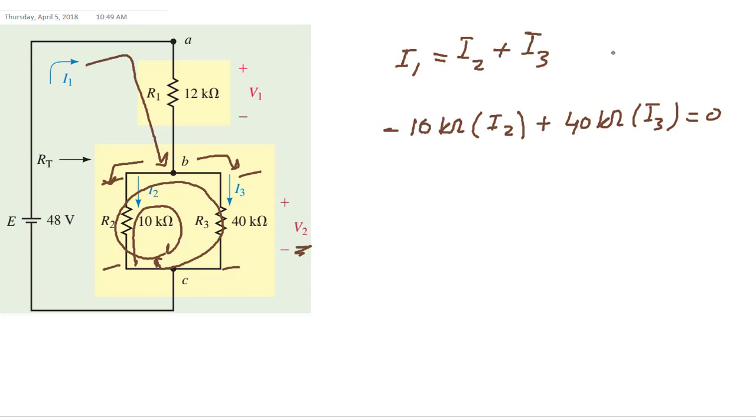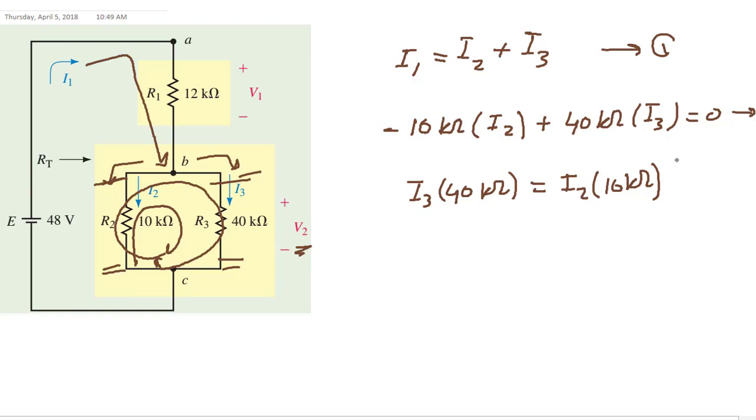So this is one way of writing this second equation. Or we say this voltage here is the same as this voltage here because they are in parallel. The voltage here is I3 times 40 kilo ohms, while that equals the same voltage there, which is I2 times 10 kilo ohms.